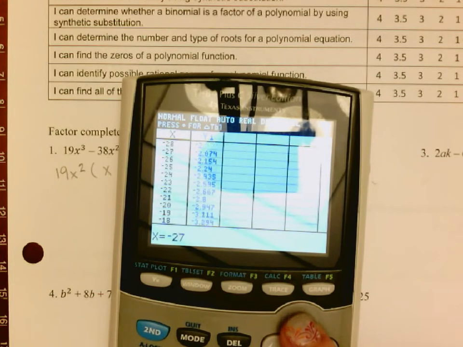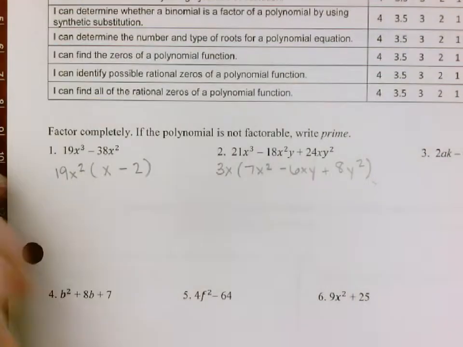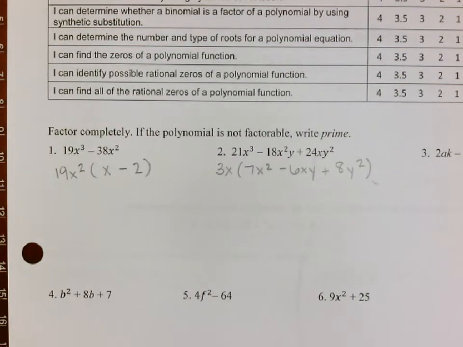And 28 is 2. Yeah, I think we're good. And there's no other factors of that, so that's where you're at with that factoring.